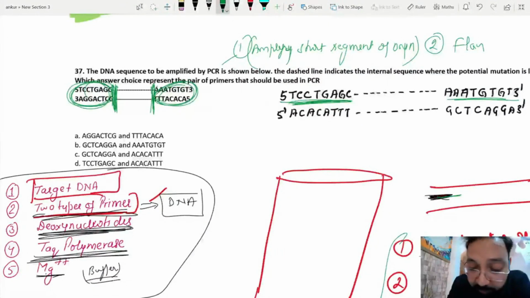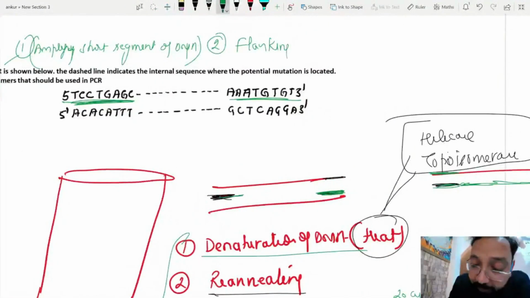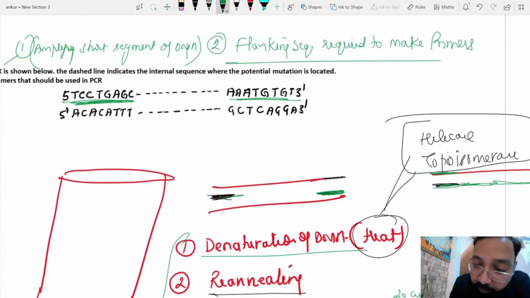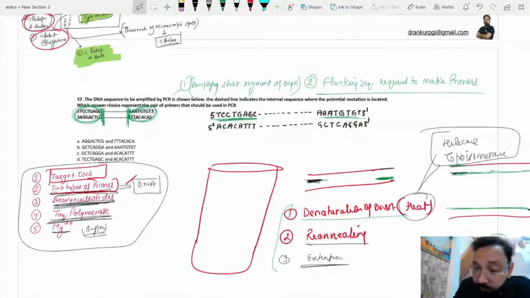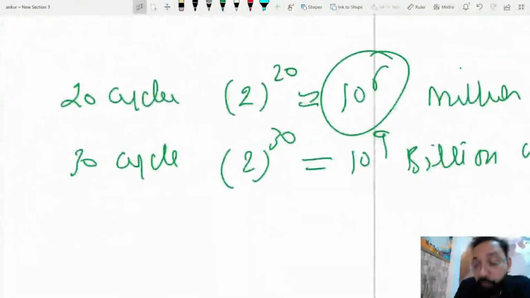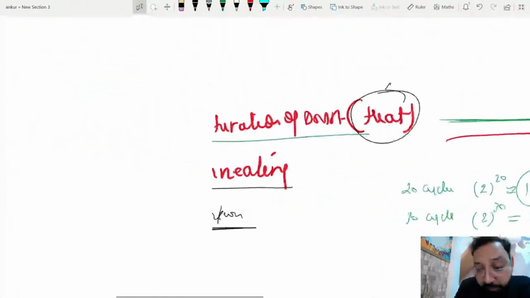This is called the flanking sequence, required to make primers. So if you don't know the flanking sequence, you can't do PCR. And a small fragment of DNA can be amplified. In a short time you can find multiple copies of DNA. As I told you, billions of copies of DNA after 30 cycles.